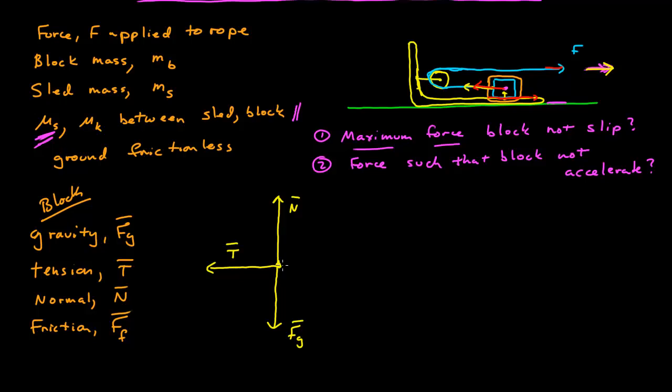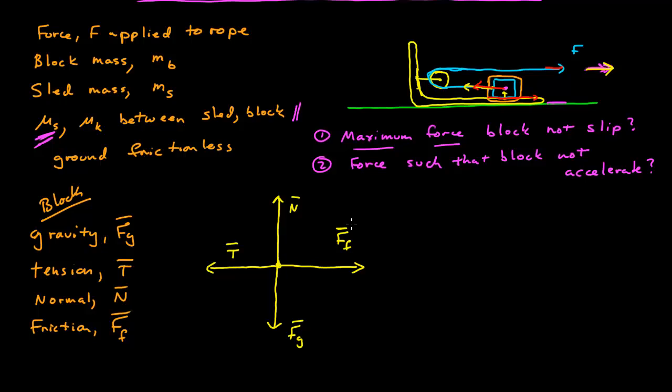Again, you have to keep going back to the model of these systems and applying the rules of the model to be able to get the right direction of these forces.